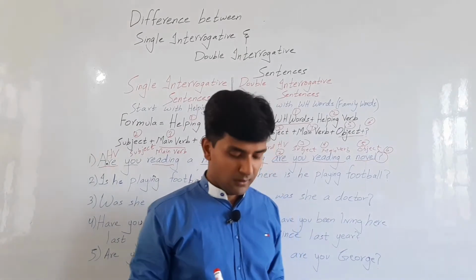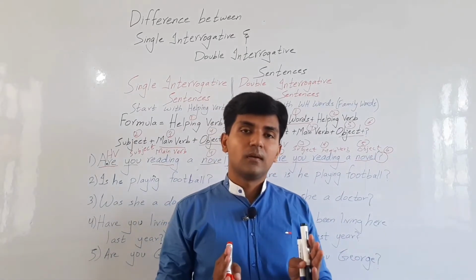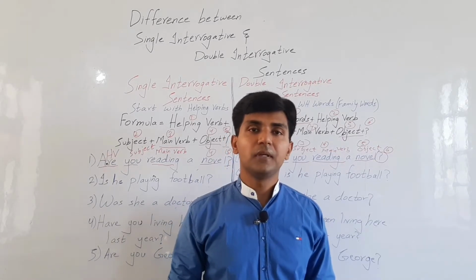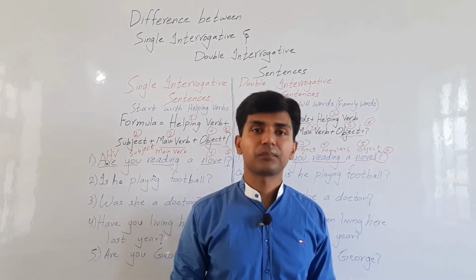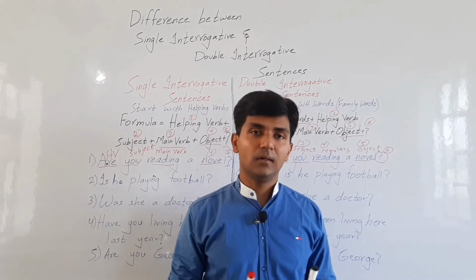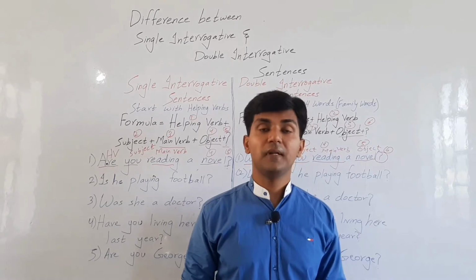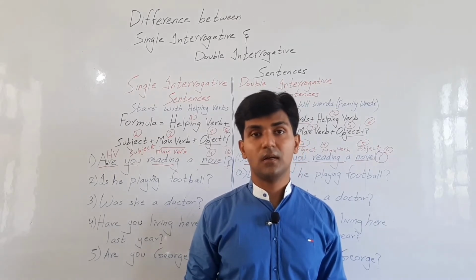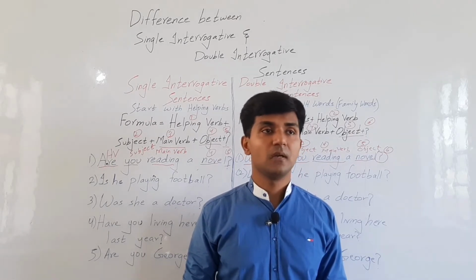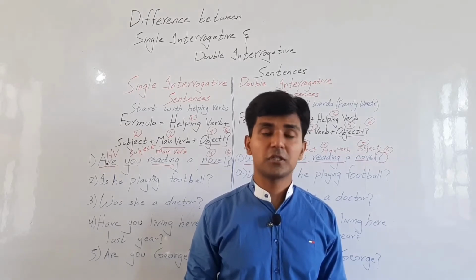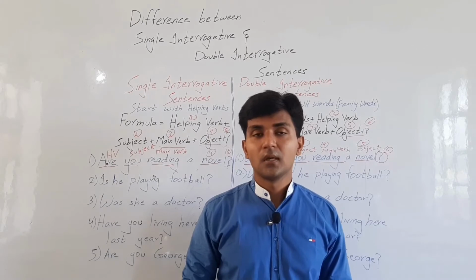So dear friends, in our daily life, in our common life, we ask our friends about their names, about their professions. When we ask about some person, when we try to know about some person, we start questions about him.